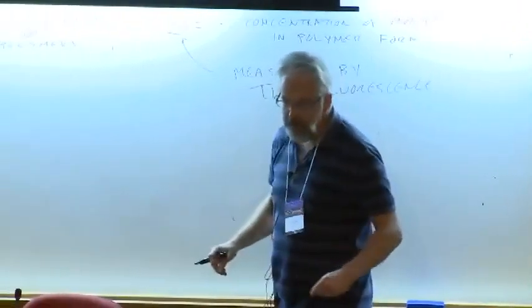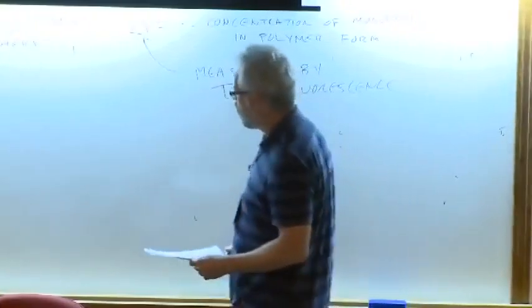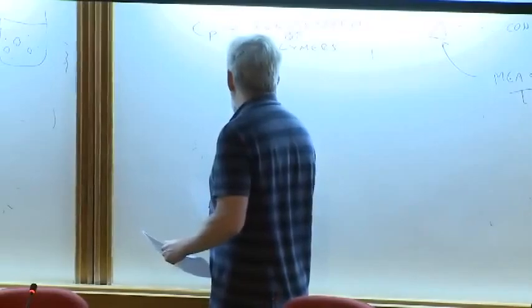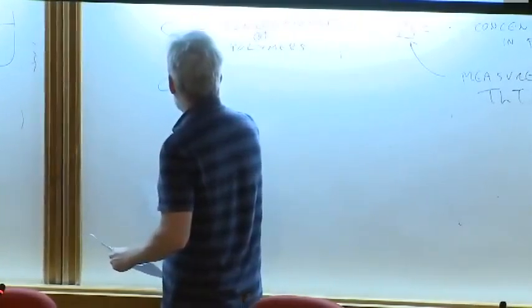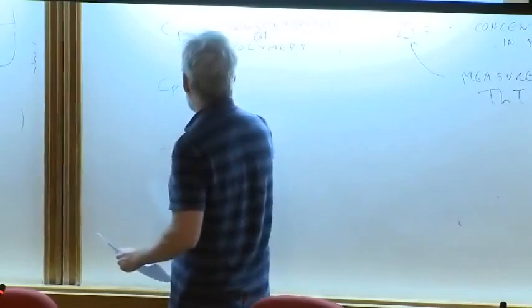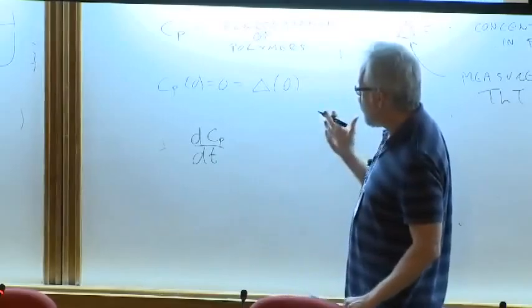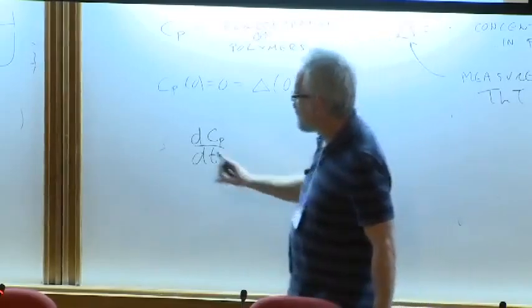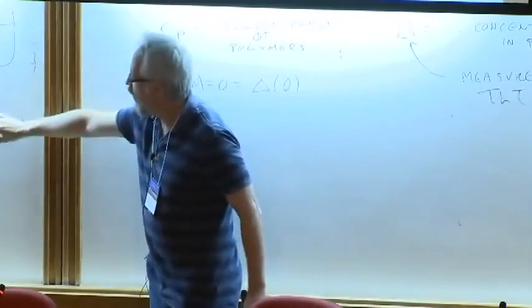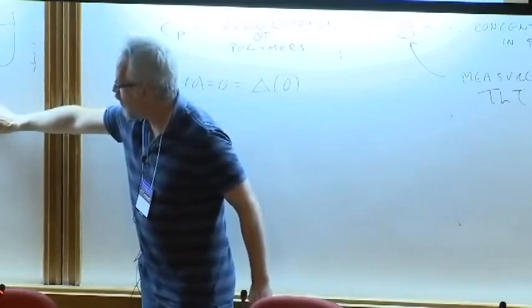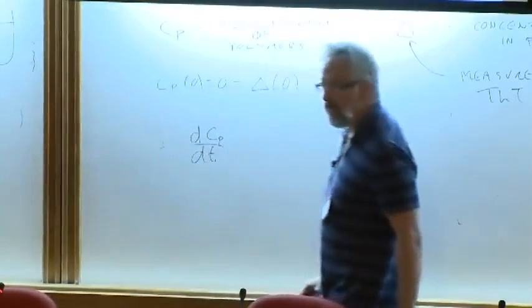Okay, so the equations are really simple. You write down the rate of change, and we're going to assume that Cp at time t equals 0 is 0, and that delta is equal to 0 at time t equals 0. So we're going to grow these polymers either by seeding with some nuclei or by allowing those nuclei to come from a weak equilibrium with the monomers.